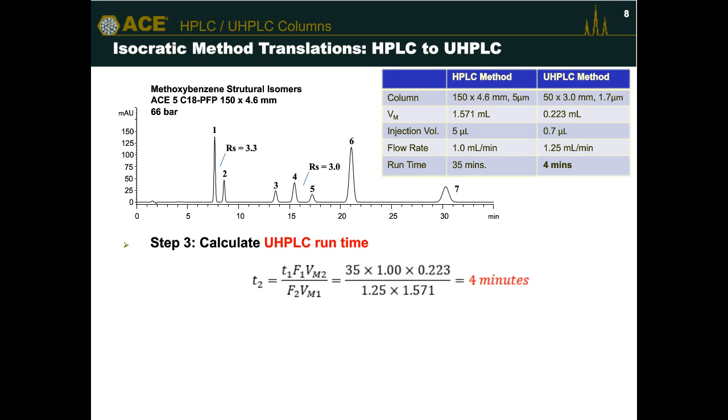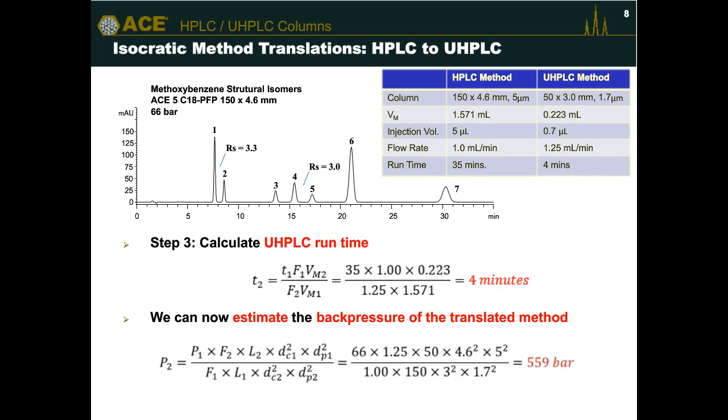And again, you can work out back pressure using all of the values that we've already seen. This is suggesting our original method's 66 bar back pressure is going to increase up to 559 bar. So this is telling you much higher back pressure. Perhaps I definitely need to run this on a higher pressure system, a UHPLC system.